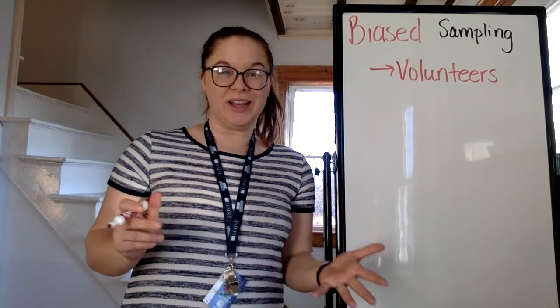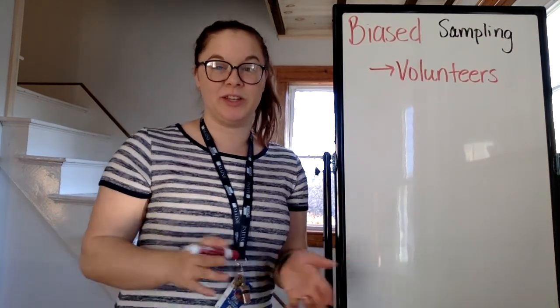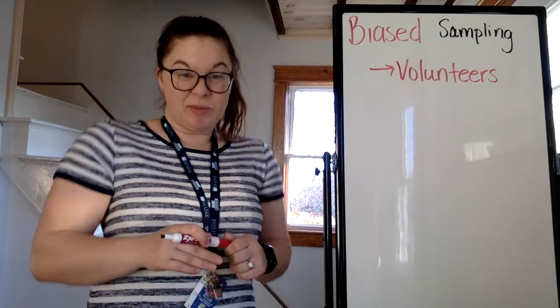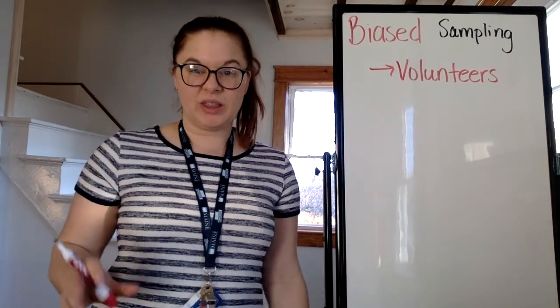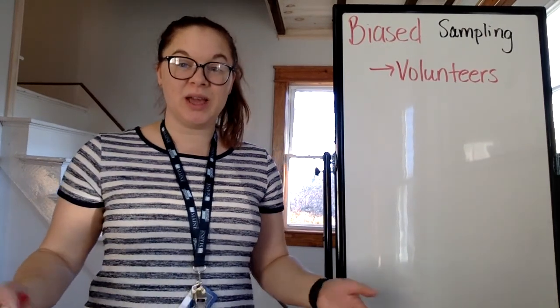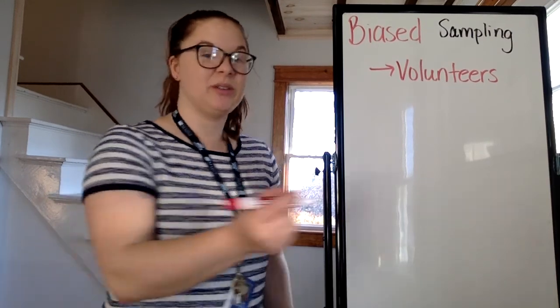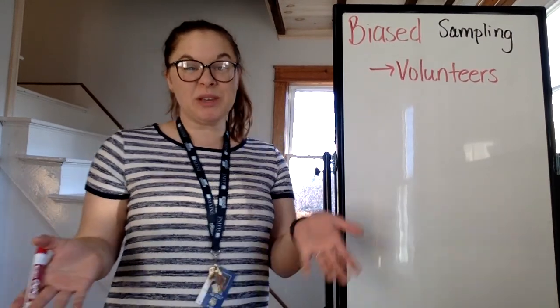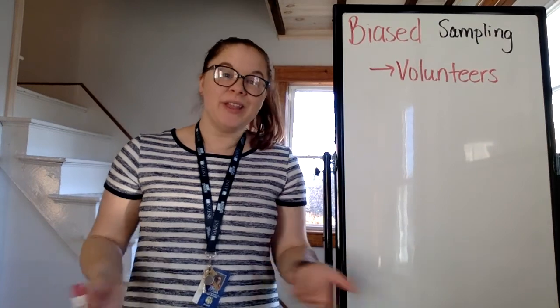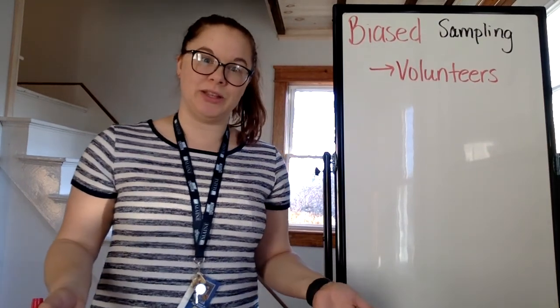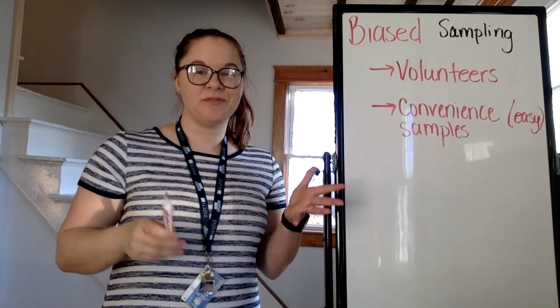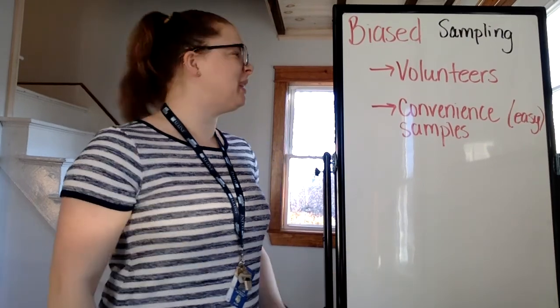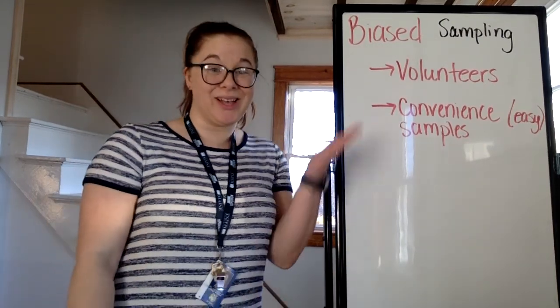Another way that's not going to be good is to pick people that are easy to get to, like the people in the room with you at the same time, the people that sit near you. Those are called convenience samples, and just because they're easy to get to doesn't mean that they represent the population equally.